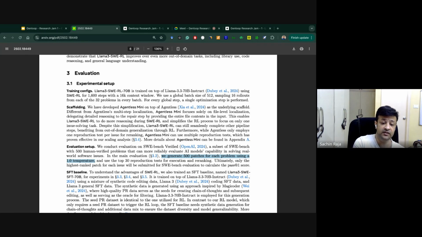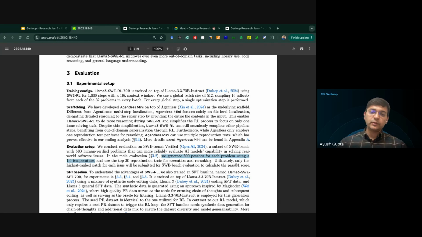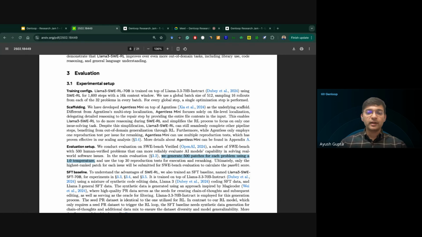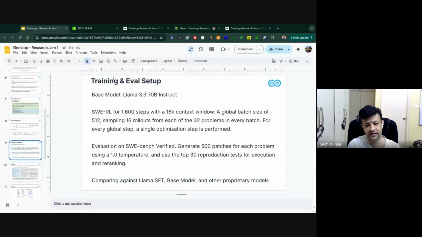They're using a relatively high temperature and getting 500 patches, which would be ordered by the reward. They would pick the top 30, run the SWE bench reproduction tests, or basically the unit tests that come with that, and then pick the highest ranked patch based on those unit tests. That would go into the submission for SWE bench. Yeah, that makes sense.